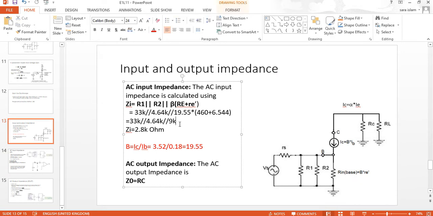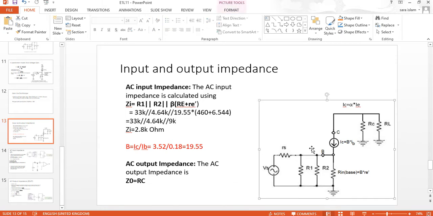You know by theory that when you replace your entire transistor with its AC equivalent model, to find the input impedance, this is the part where you stop looking, and we observe Zin from this side.